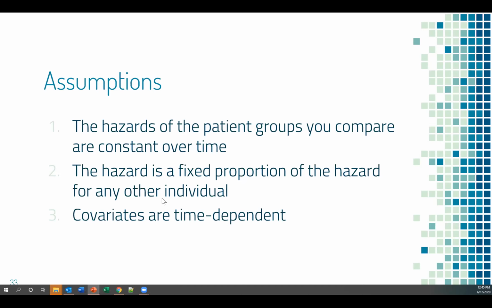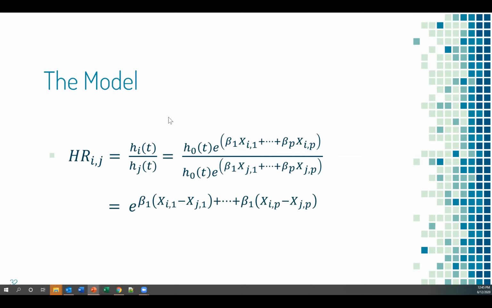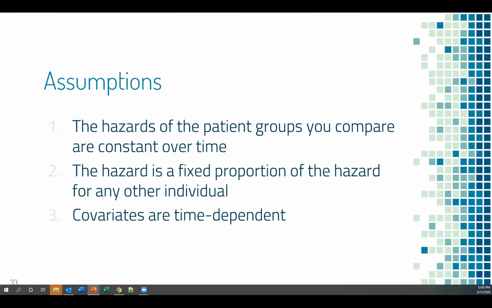So what this means is that, if we go back here, these two functions are parallel to each other. And the difference in their slopes can be indicated by this ratio here, this proportion. And then the last assumption is that the other variables that you want to include in your model have to be time dependent.